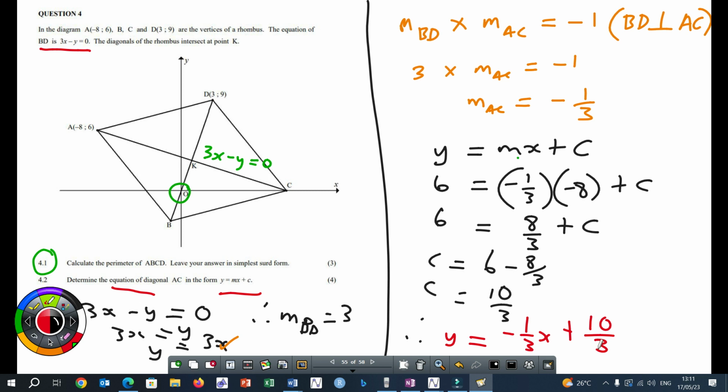I did it where I calculated the angle of inclination of BD, this one, you calculate this angle here. And then I used angles and triangles, and the angle at the intersection with AC is 90.